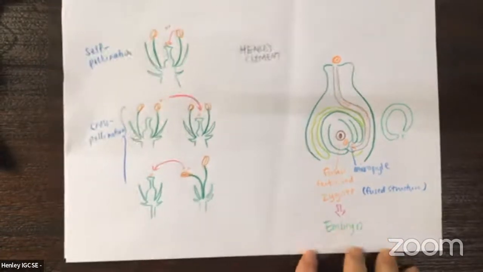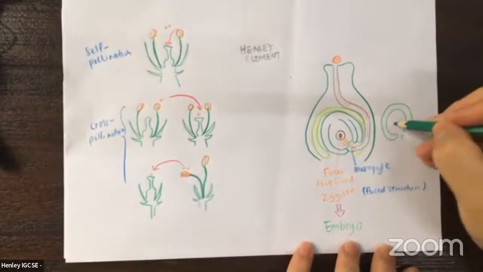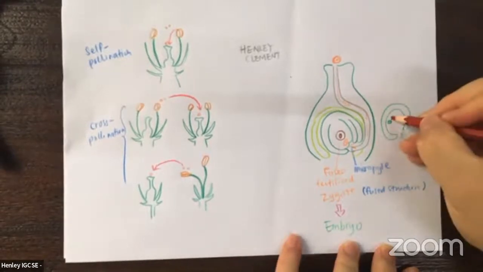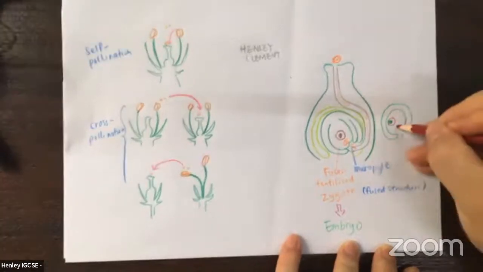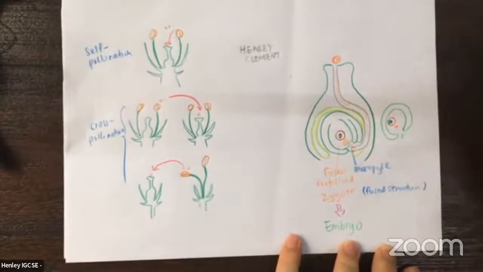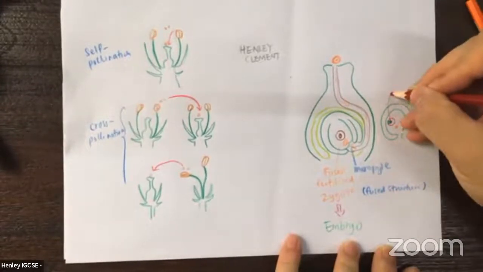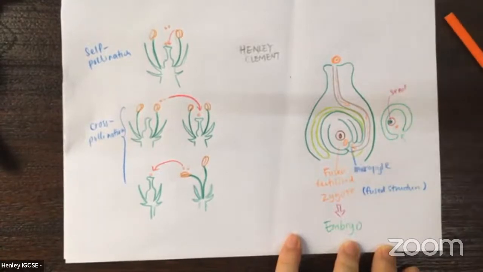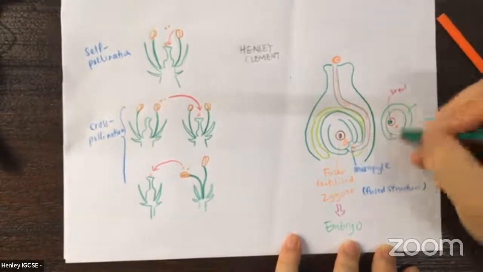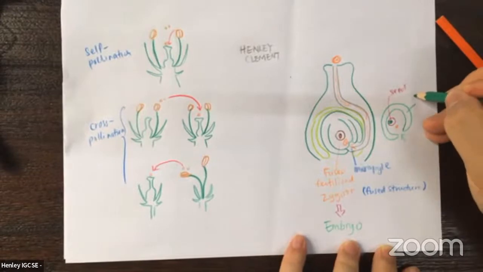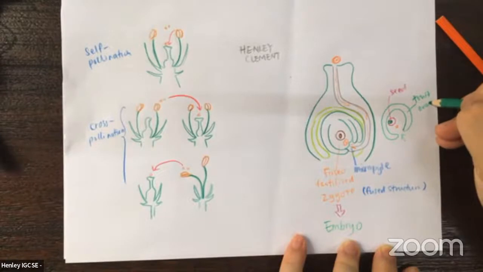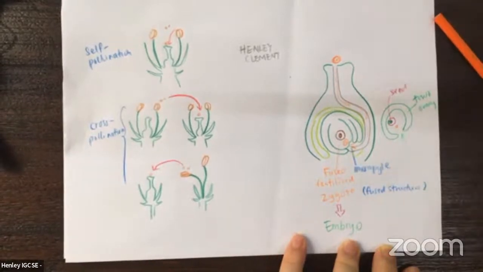So bear in mind, these are the seeds, and this is the pollen. We have many seeds. All these ovules will become the seeds, and the whole fruit is from the ovary. This is the fruit. The fruit is the whole ovary, and this is the ovule for the seed.